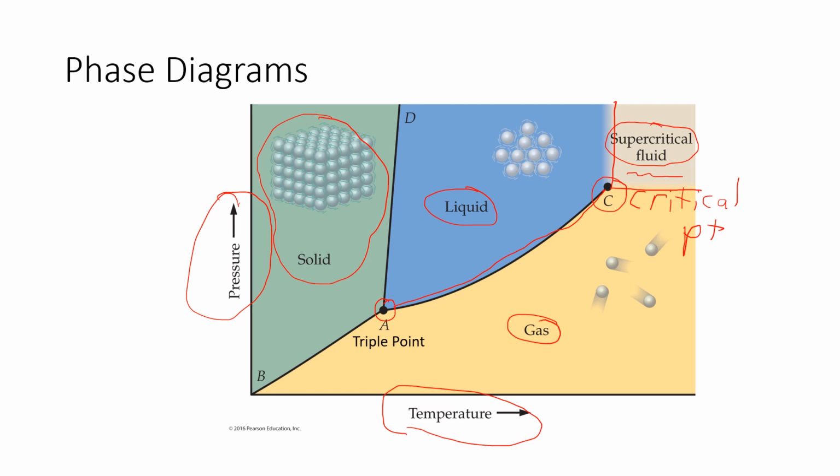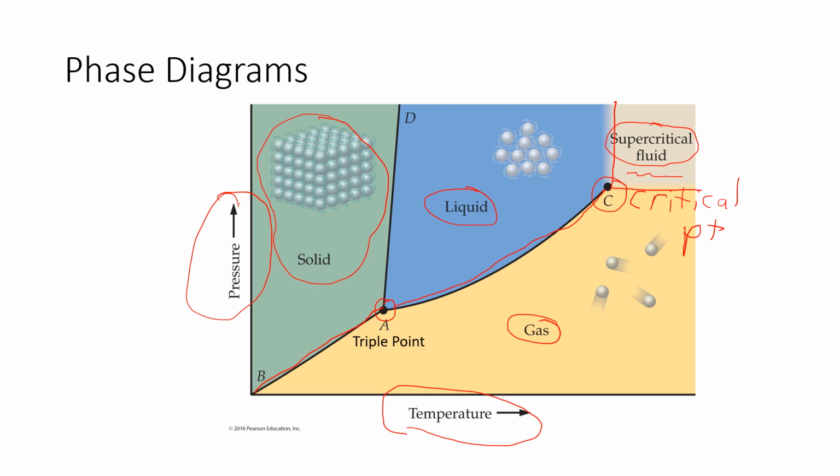If we look at this line that goes from the origin up to the triple point, along that line we have two phases present: both a solid and a gas. So anywhere along that line, we have either sublimation or deposition, depending on whether we're going from a solid to a gas or a gas to a solid.